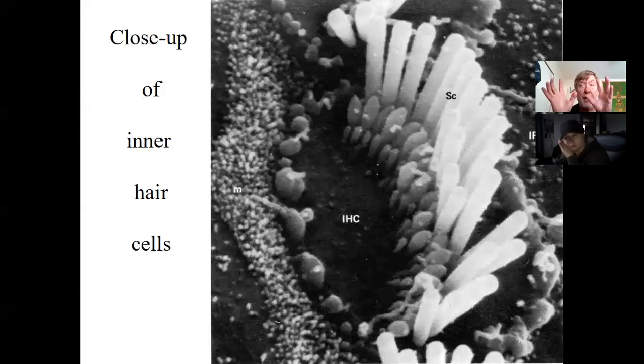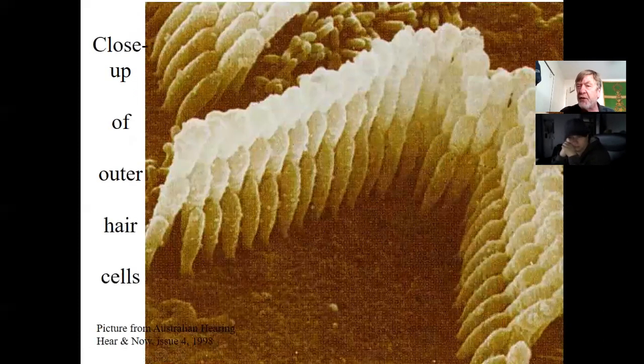Okay, it's not 9,000, it's not 3 times as many, because remember, you may be seeing lots of photos with 3 rows of outer hair cells, but remember, there's also 4 rows and there's also 5 rows of outer hair cells. So 12,000 outer hair cells in each cochlea, 3,000 inner hair cells in each cochlea. How many hairs on each inner hair cell? 50. How many hairs on each outer hair cell? About 100.